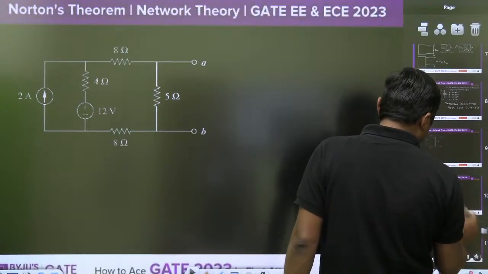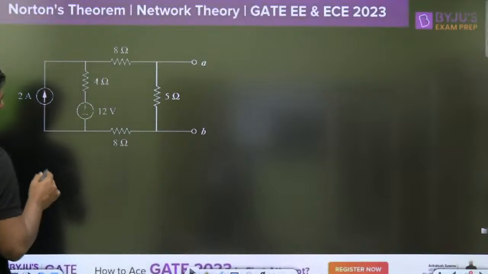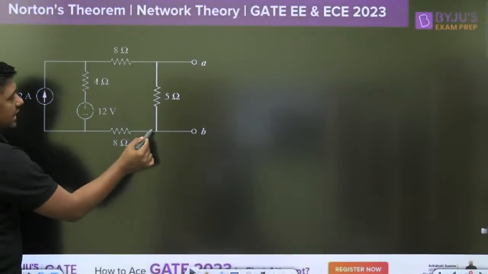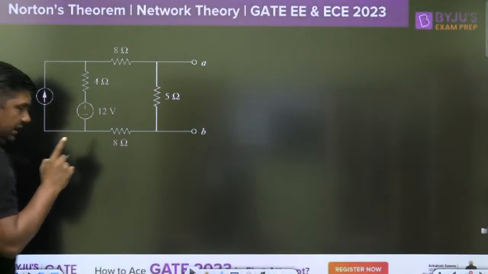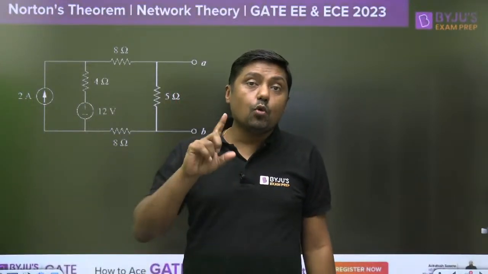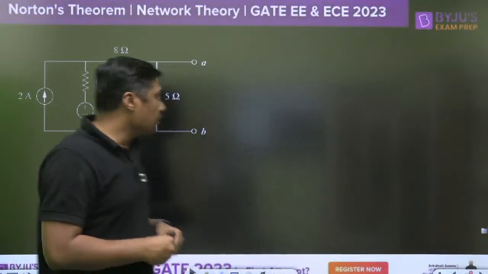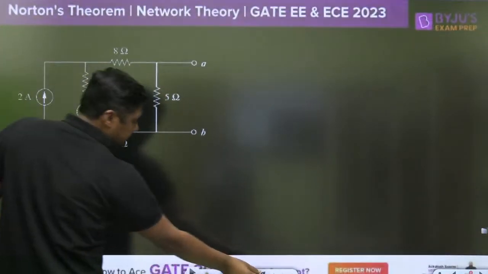How can we find it? First of all, always remember, if I want to take the reference, I have 2 choices, this one or that one. But we always take the reference at the point where more batteries are connected. Suppose, try to understand, this is the B terminal and this is the C terminal.